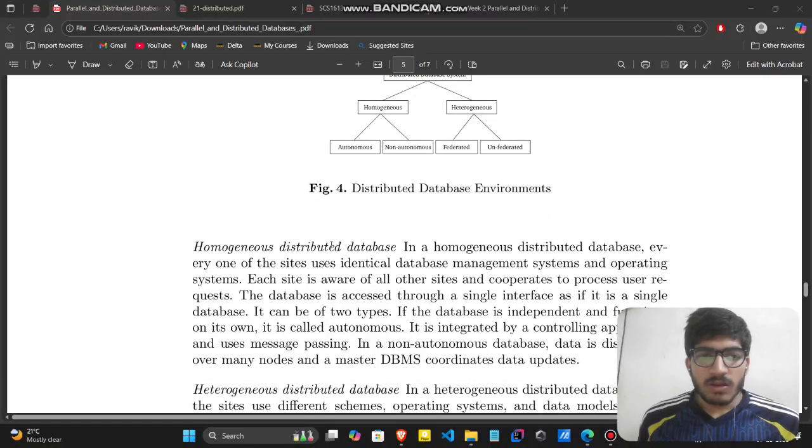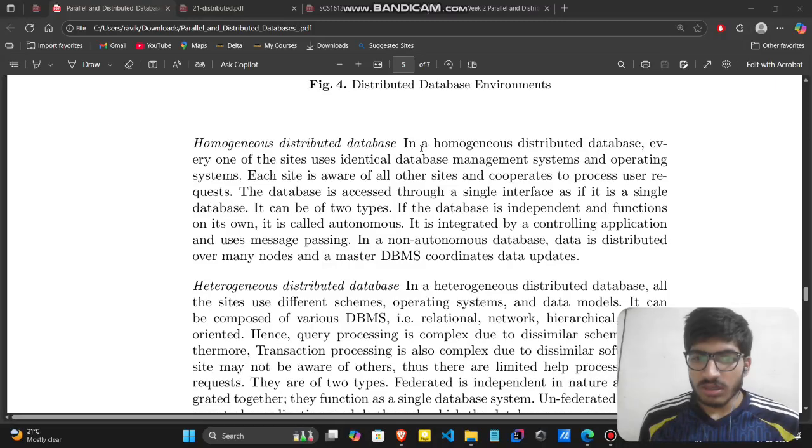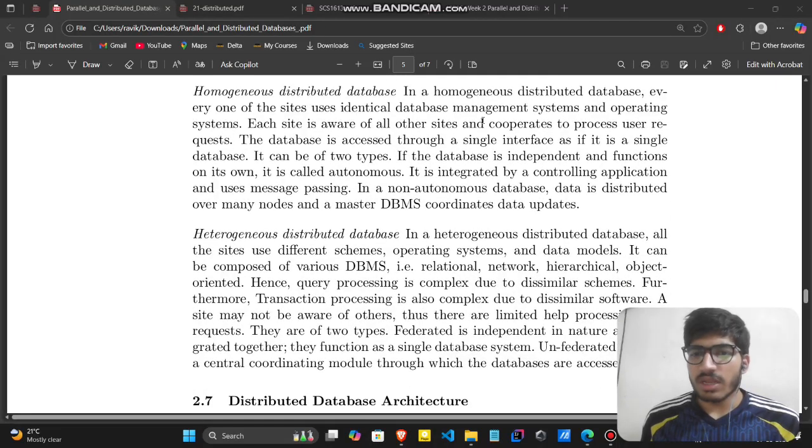Now, a homogeneous distributed database: in this database, every one of the sites uses identical database management systems and operating systems. Each site is aware of all the other sites and cooperates to process user requests. The database is accessed through a single interface as if it is a single database. It can be of two types.